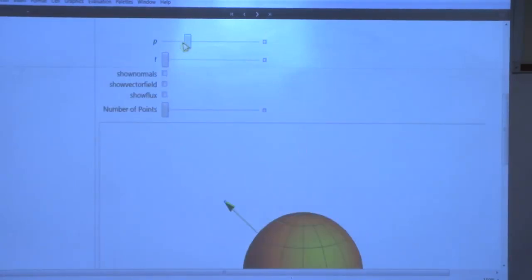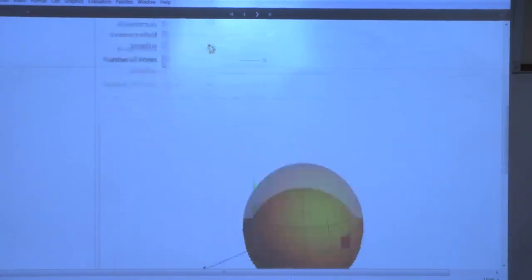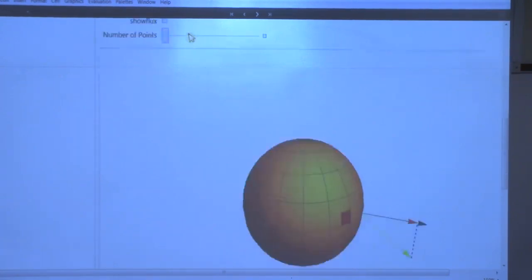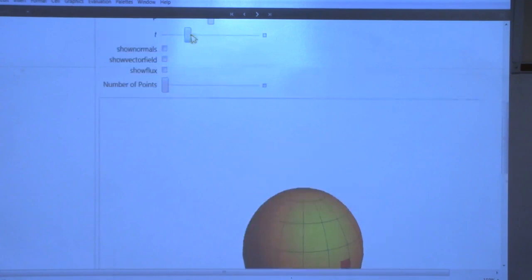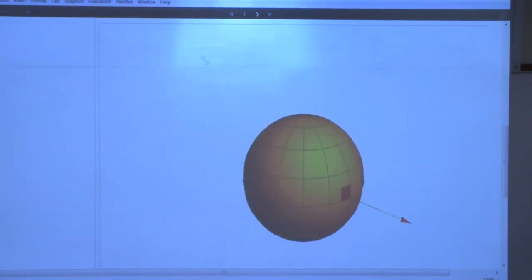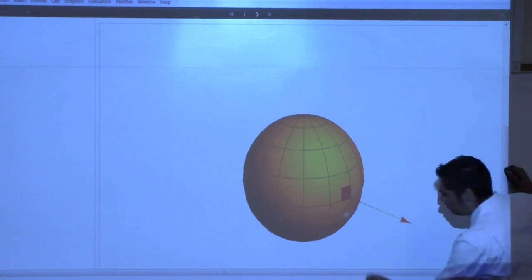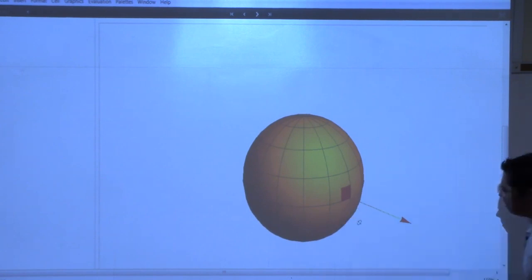I'm going to move this thing. Come on. I've got to get this over here. At every point on this sphere, we have 2 vectors that we're looking at right now. So the point I'm looking at is this point right here.